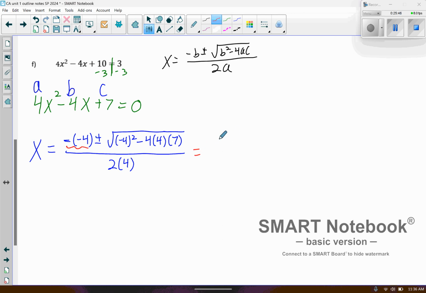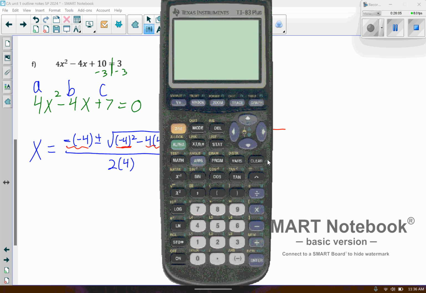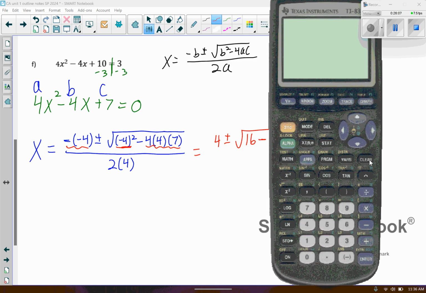So the double negative there, we're going to get 4 plus or minus the square root. Negative 4 times negative 4 is 16. And then let's see here, we have minus 4 times 7. And so just to make sure I'm careful here, I am going to use my calculator. So let's see, 4 times 4 times 7 gives me 112.